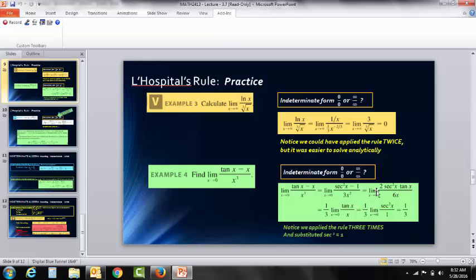So between this step and this step, we separated this quotient into the limit of secant squared x times the limit of tangent x over x, with 1/3 in front of both pieces.